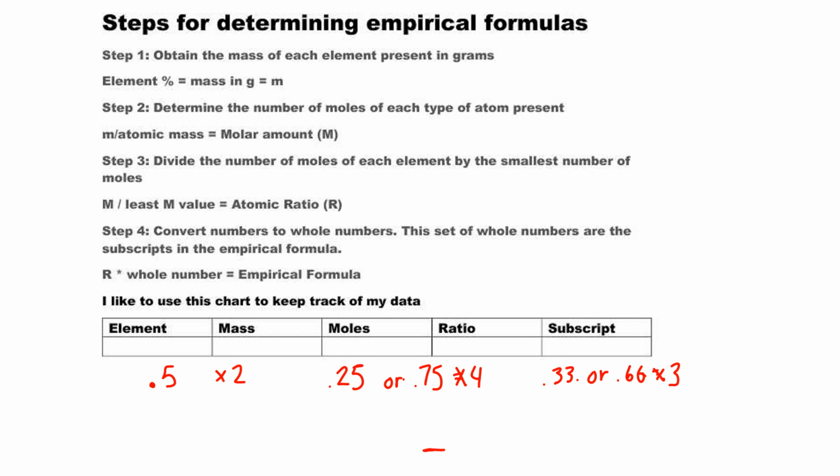I don't always show the ratio, it just helps me remember to do it. Then there's a column for the final subscript. Once we get the subscripts, we can put them in place and write our empirical formula.